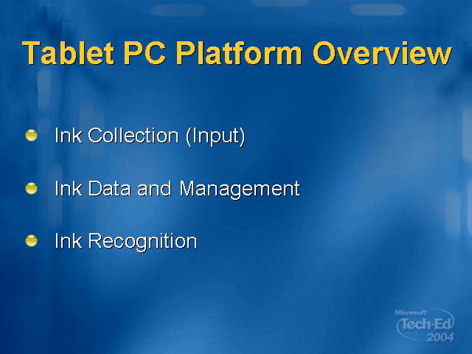The tablet platform that sits on top of the operating system does 3 basic things, 3 basic areas of functionality. There's ink collection, which is collecting data off of the digitizer on the tablet PC. And then there's ink data management. So once you have that data that you've collected off of the digitizer, what do you do with it?